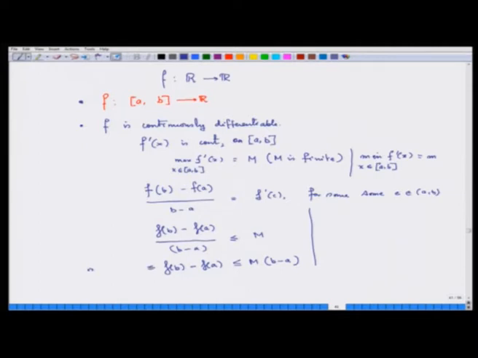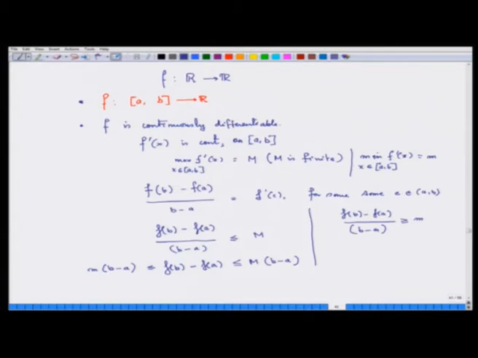So, f b minus f a by b minus a is greater than equal to m, so you get f b minus f a is greater than equal to m times b minus a.